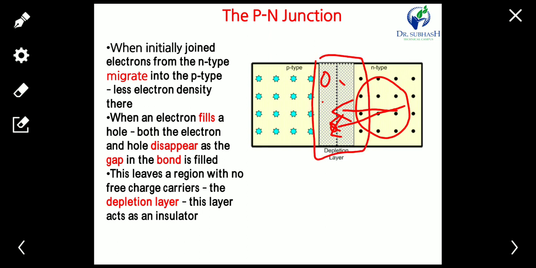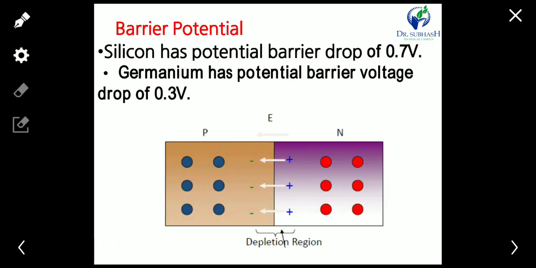There is no free electron or hole, so it is electrically neutral, and the electrons and holes disappear because the ionization is completed. This leaves the region without free charge carriers, and it is called the depletion layer region. There is no charge, so it works as an insulator and does not allow any current to pass.